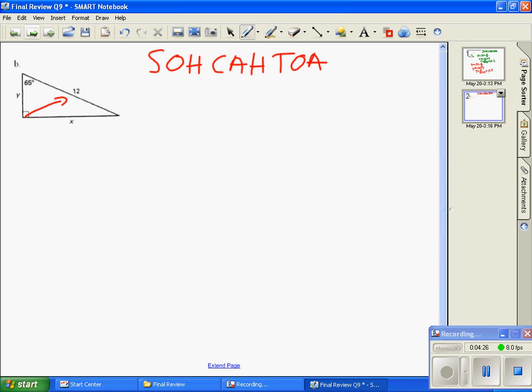So let's find x with respect to that angle, to that 65. You can see that the x is opposite to that angle. So if we have the opposite and the hypotenuse, that means we're going to use sine. So sine of 65 equals opposite, which is x, over hypotenuse, which is 12.